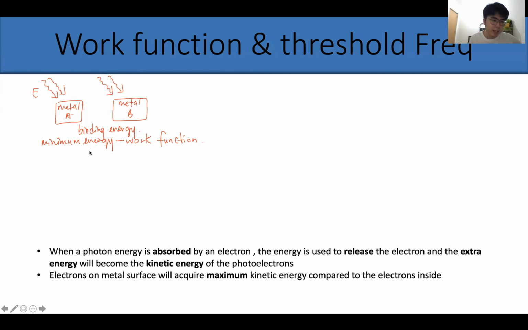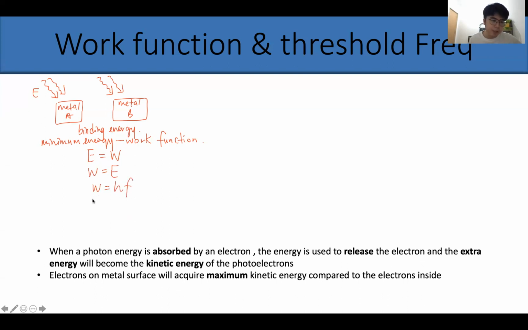So we say that the energy of the wave must be at least equal to the work function. Or it can be greater, and it will still emit. But if it is less than that, then there will be no electron coming out. So here I can write W equals E, and we know that E equals Planck's constant times the frequency.